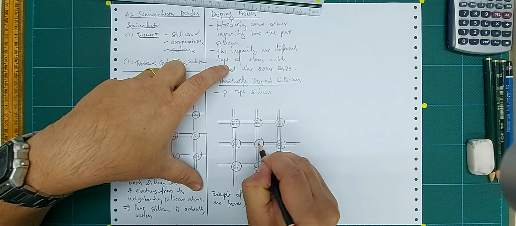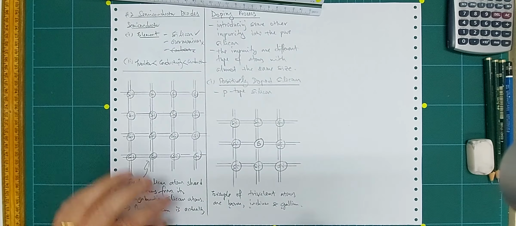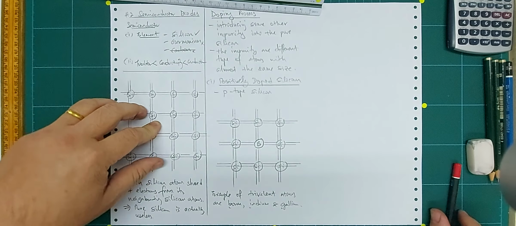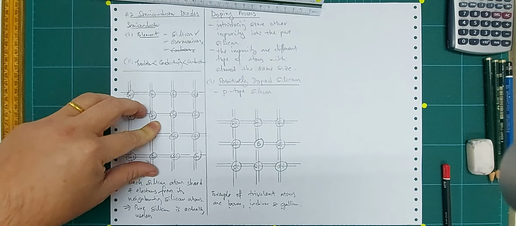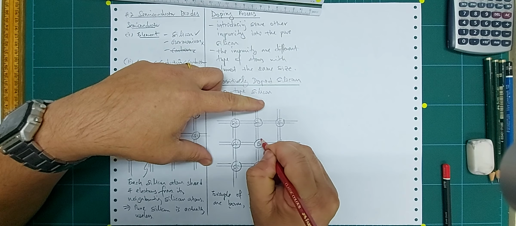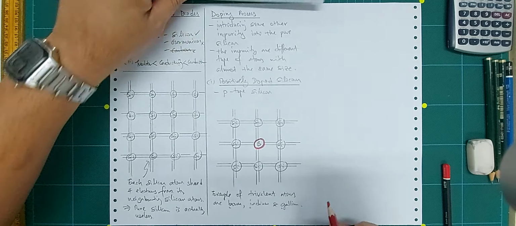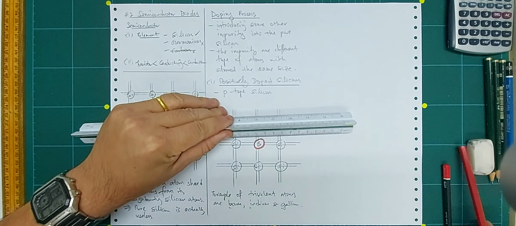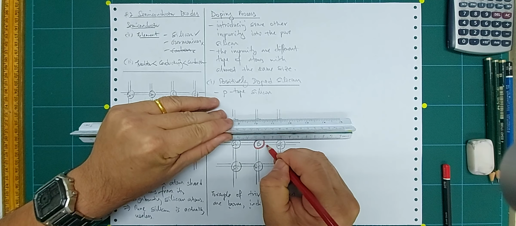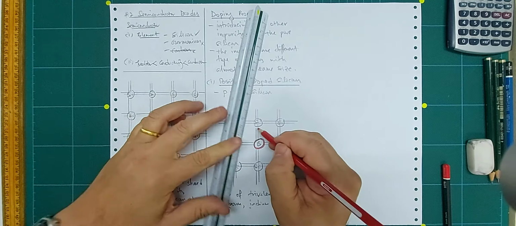Okay, we put boron there, B. So now this boron has only 3 electrons outside. So by replacing one of the atoms here with boron, you lose 1 electron, because this boron only has 3 electrons outside. So it can only share 3.